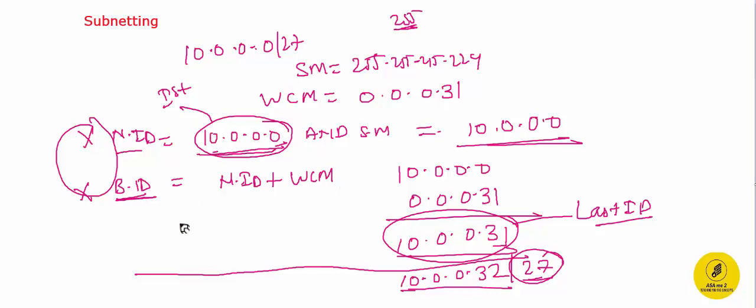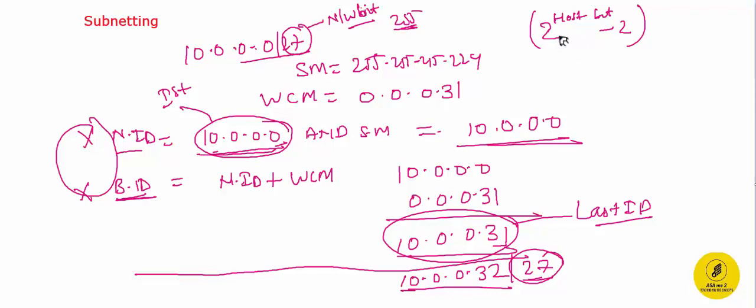There is a formula you can use to find out how many usable IPs you get out of a network. For example, if someone asks how many usable IPs you are going to get in a /27 network, you use this formula: 2 to the power of host bits, minus 2. The subnet mask gives the network bits. There are a total of 32 bits in an IP address.